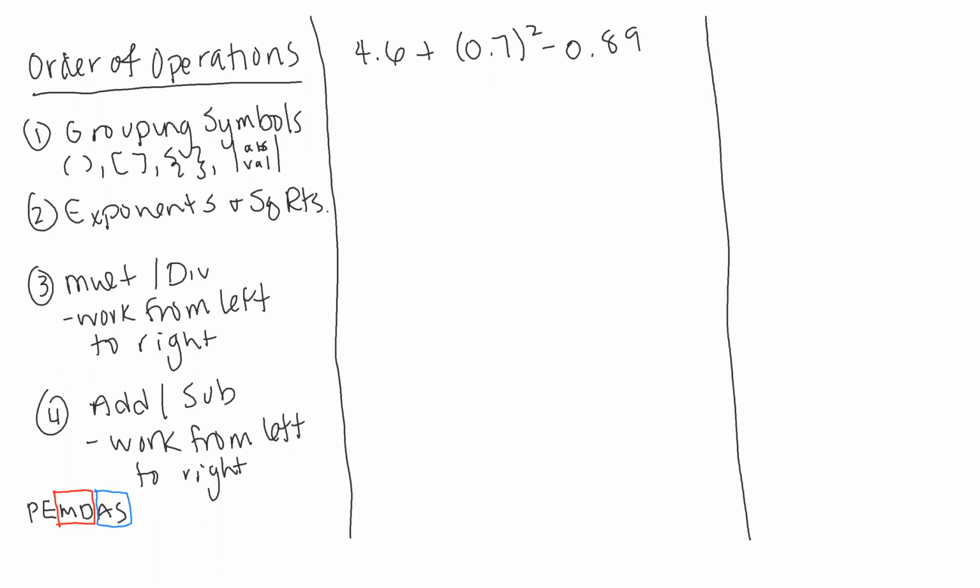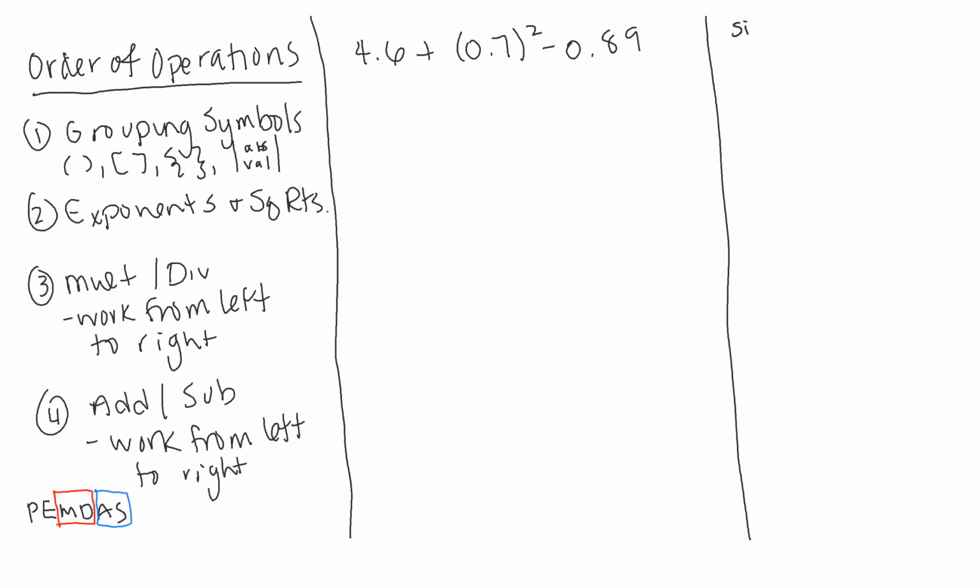Or in this particular case, I've got grouping symbols around the 0.7, and you'll see that notation sometimes where you're dealing with exponents, but there's not actual grouping symbols. Grouping symbols would indicate that inside the parentheses, the brackets, the braces, there's some operation, okay? So in this case, the parentheses you're seeing are not grouping symbols. It's just making sure you understand that the exponent goes with the 0.7, okay? So really, our first step is exponents, okay?